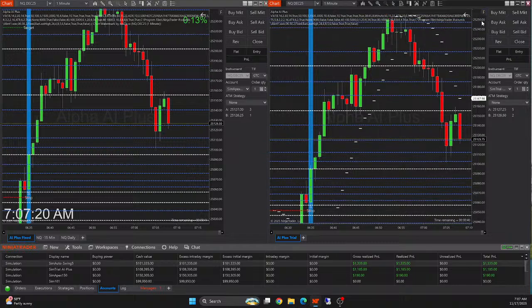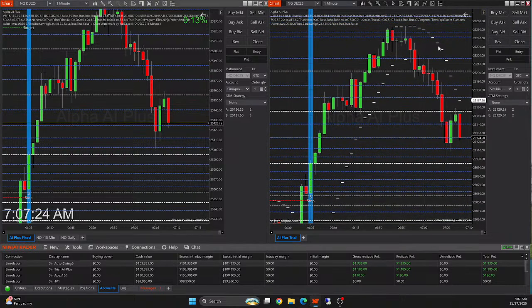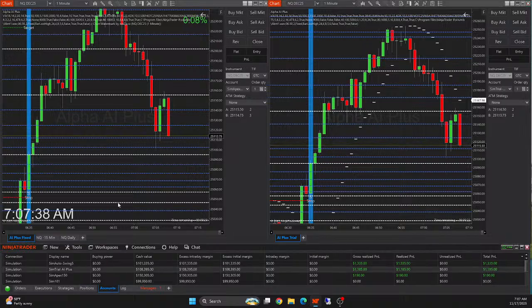So for the trail stop, the system will look for any trade that has less than or equal 80% from the $1,200 profit, almost $800.